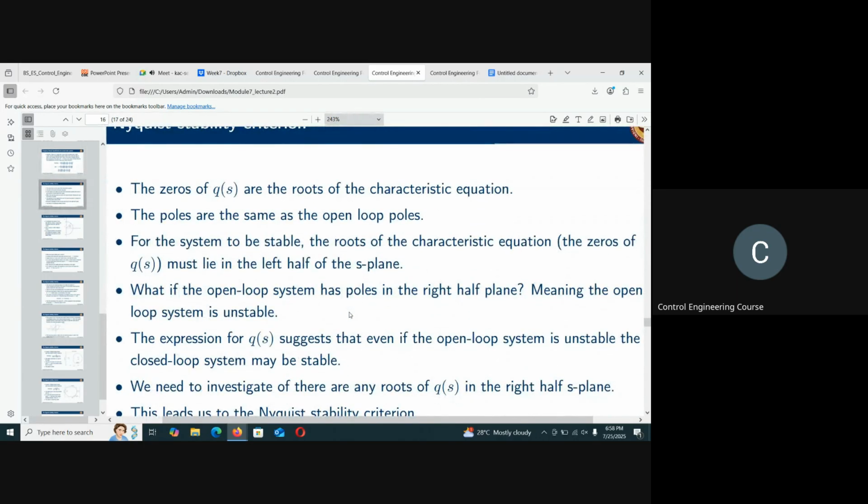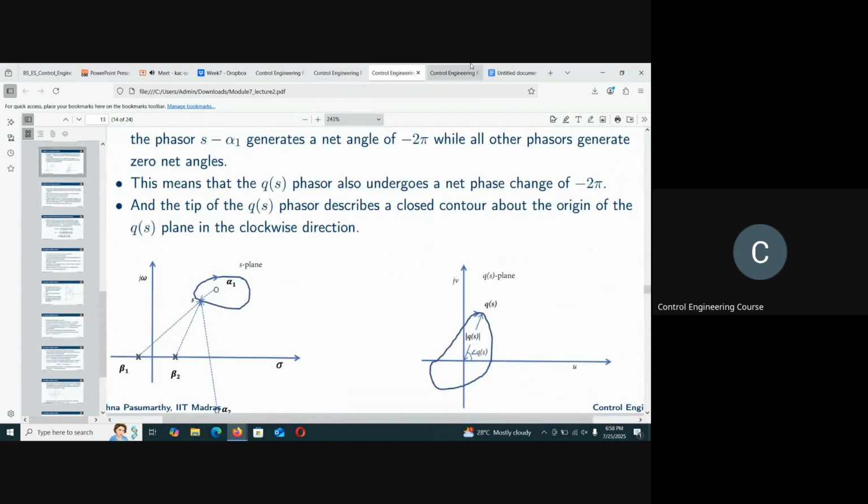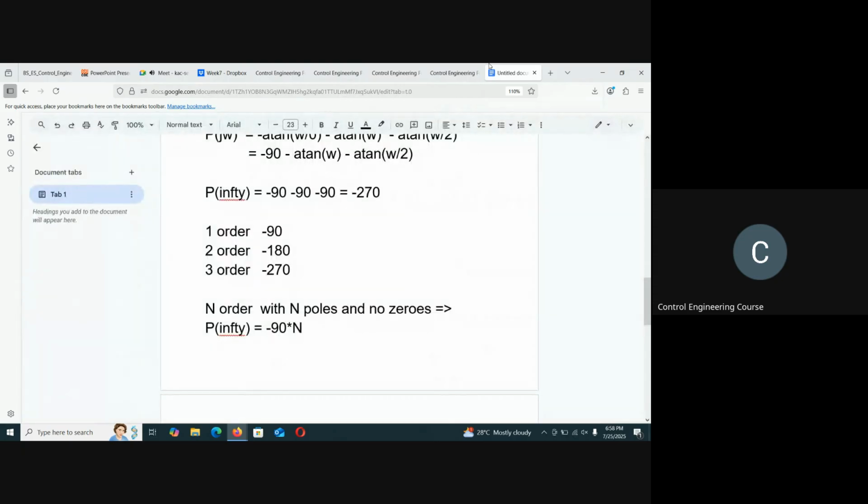Now, in the Nyquist plot, if you have Q(s) like this, I will go to the Word document again. Can you see the Word document?